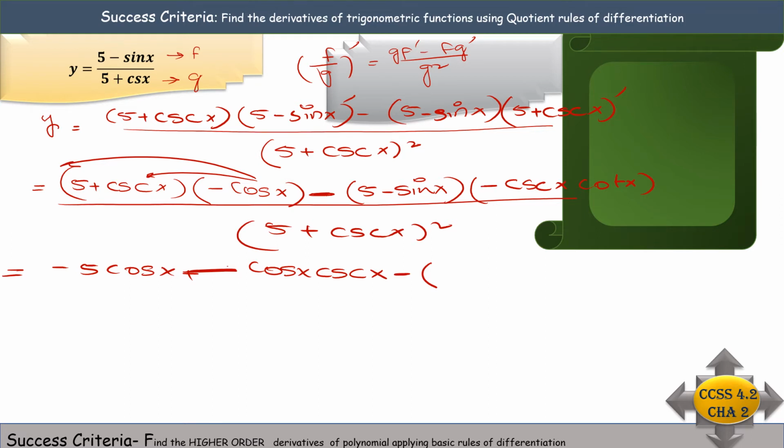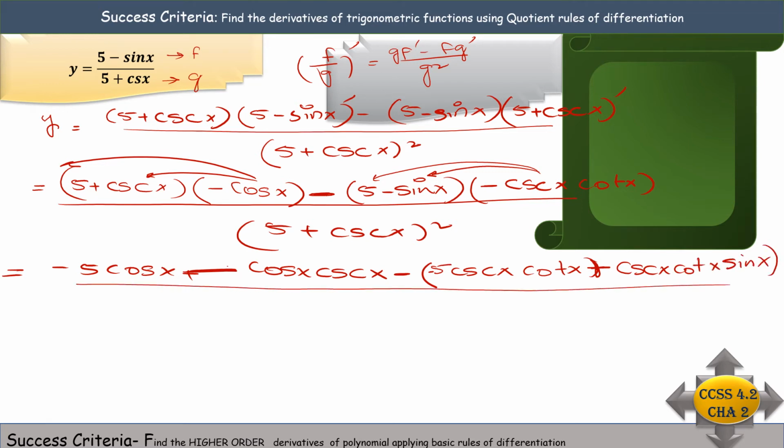Cosec x cot x times 5 gives us negative 5 cosec x cot x. Negative cosec x cot x times negative sin x gives us positive cosec x cot x sin x, whole upon (5 plus cosec x) whole square.